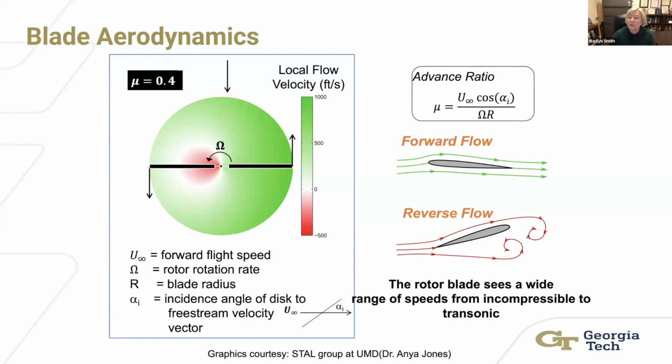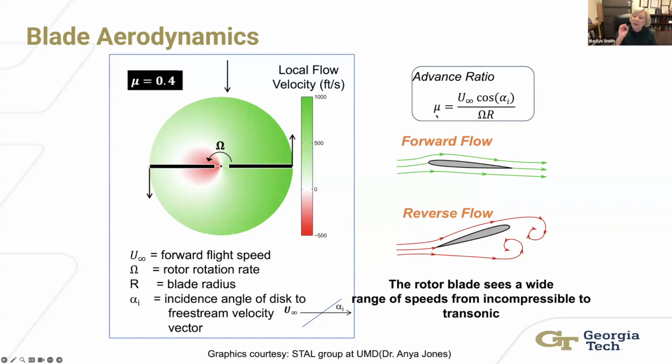So this is just the ratio of the free stream velocity, with whatever angle of attack you're tilted at, which for now let's assume is 0, to your rotational speed. This is your standard rotation, your angular velocity omega times the radius of your rotor blade. So this gives you the velocity at your tip. So it's the free stream velocity over the velocity at the tip.